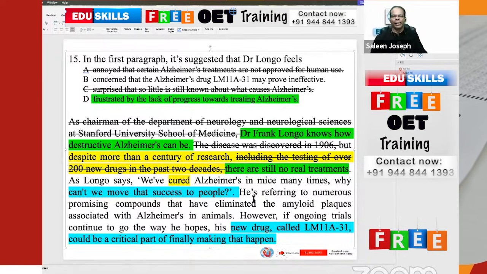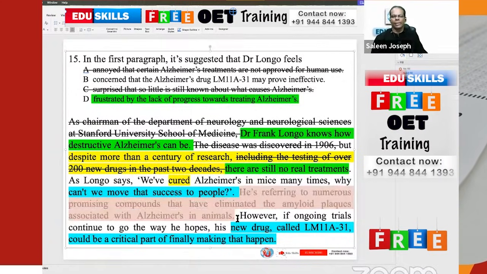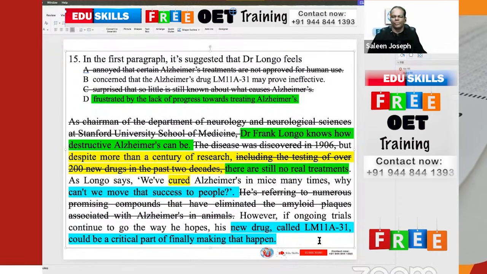Here, this is again a secondary explanation. He is referring to numerous promising compounds. Why can't we move that success? What is the success? That is being explained here. So this is also known as a secondary explanation, which you can ignore.